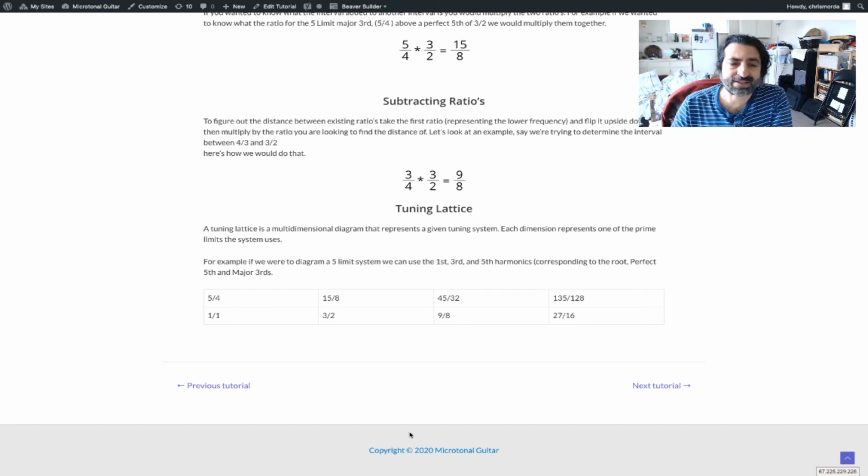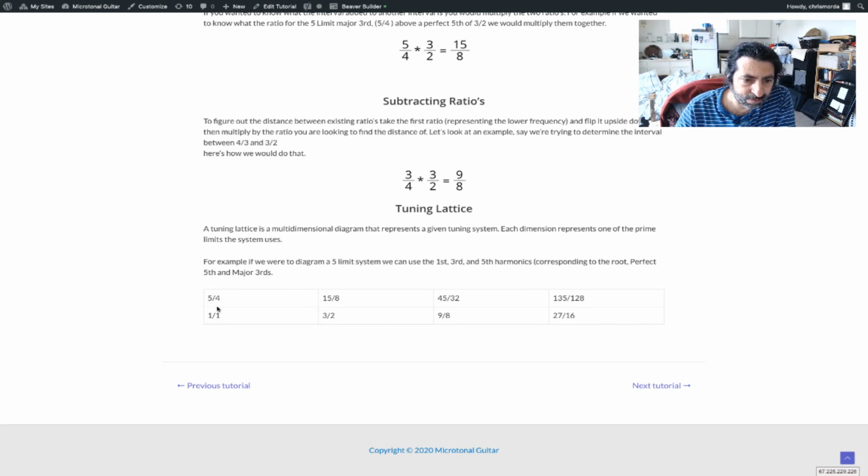And then the last thing we want to talk about real quickly is a tuning lattice. That's a multi-dimensional diagram that represents a tuning system. Right here we've got the basic building blocks of a 5-limit tuning system. If you look at this little triangle that I'm circling, we've got 1 over 1, 3 over 2, and 5 over 4.